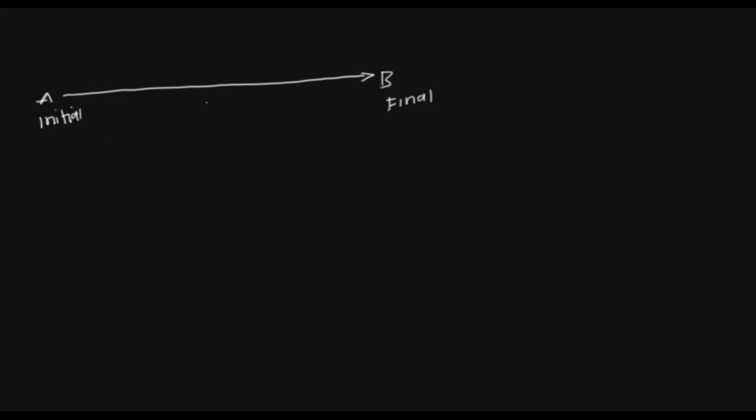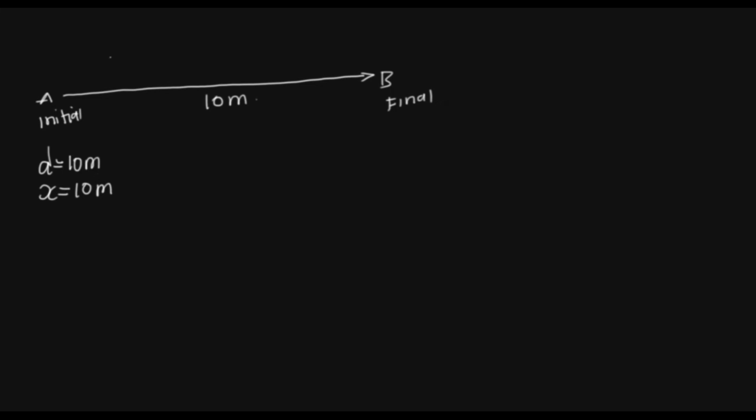If the length between A and B is 10 meters, the distance covered is 10 meters, and the displacement is also 10 meters. Therefore, distance can only be equal to displacement if an object moves in a straight line without turning.